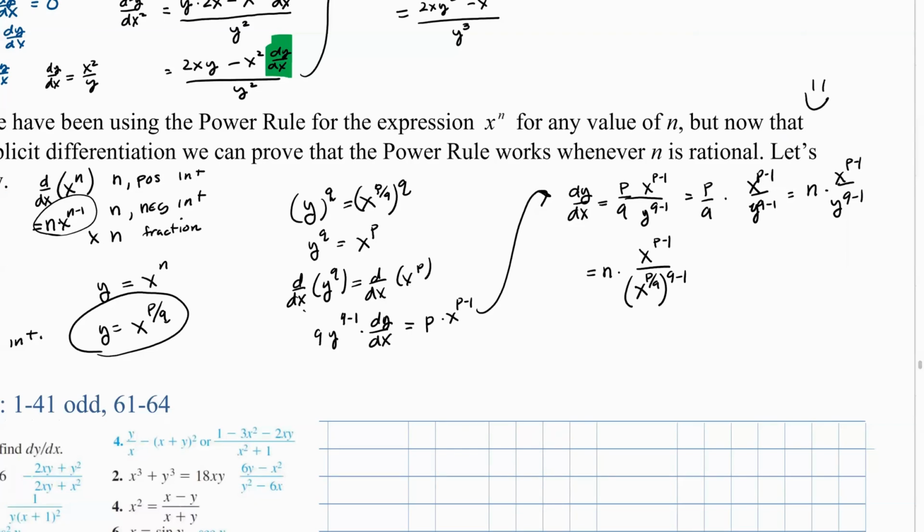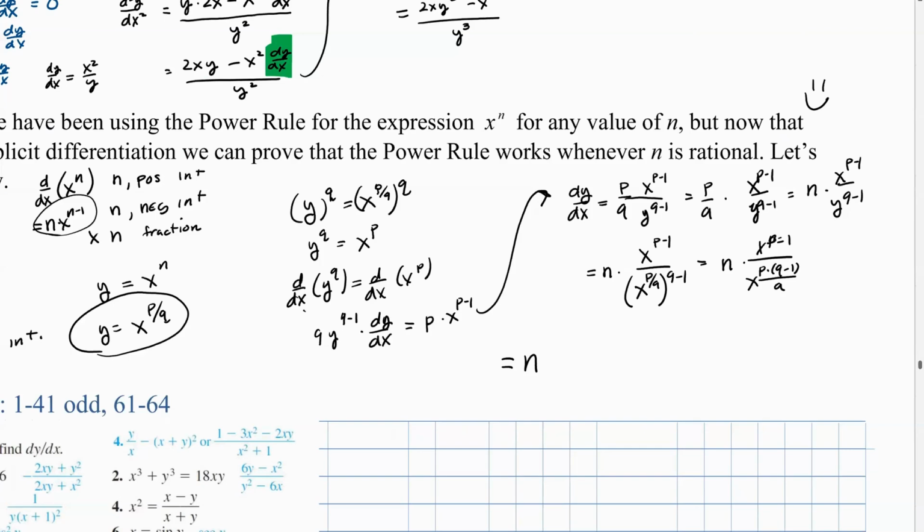Okay, let's try to clean up that bottom. I get n times x to the p minus 1 over x to the p over q, times q minus 1. Well, that's a mess. See if we can simplify it.